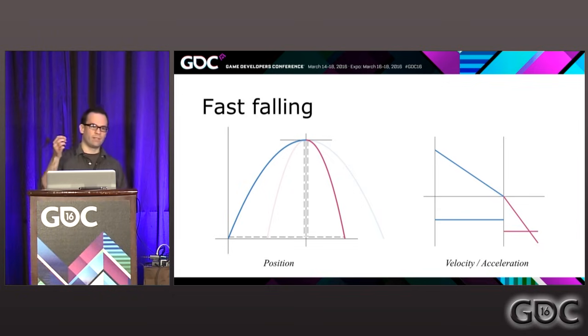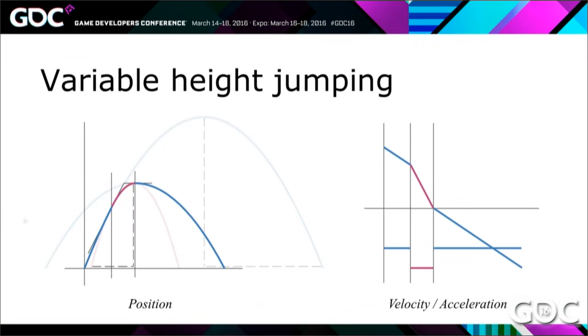And when we reach the peak of the jump, in code, when the vertical component of our velocity goes from positive to negative, we would switch over and start applying the heavier gravity corresponding to the second half of this trajectory. And when you play this back in real time, you would see your character follow a trajectory just like this. They would fly through the air, have sort of a nice smooth ascent, and they would reach the peak of their jump and fall much faster. We can do a similar thing for variable height jumping.